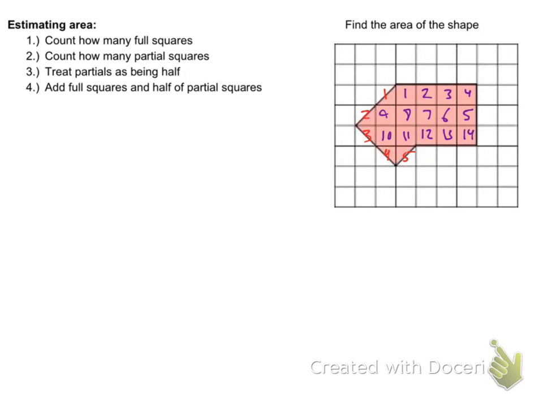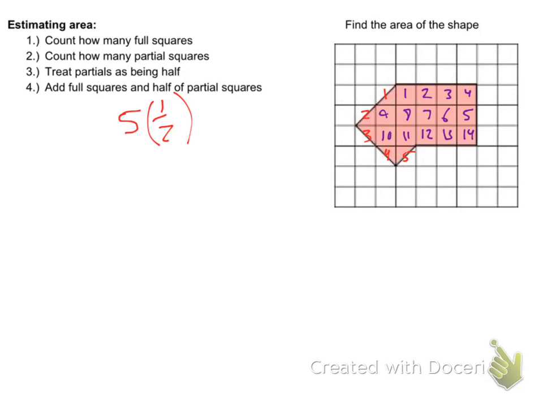They kind of look like half, at least in this picture. In some, it's not going to be. Maybe it's going to be a rounded curve of the lake. And so what you're going to do then is you can add up all of the partials. So I have 5 halves, right?